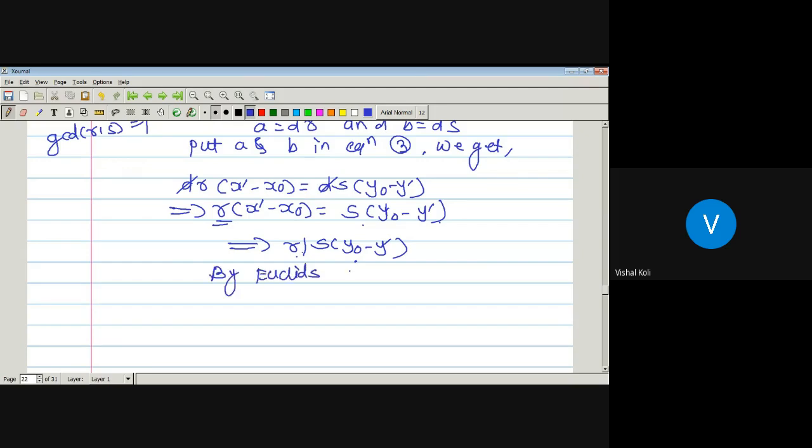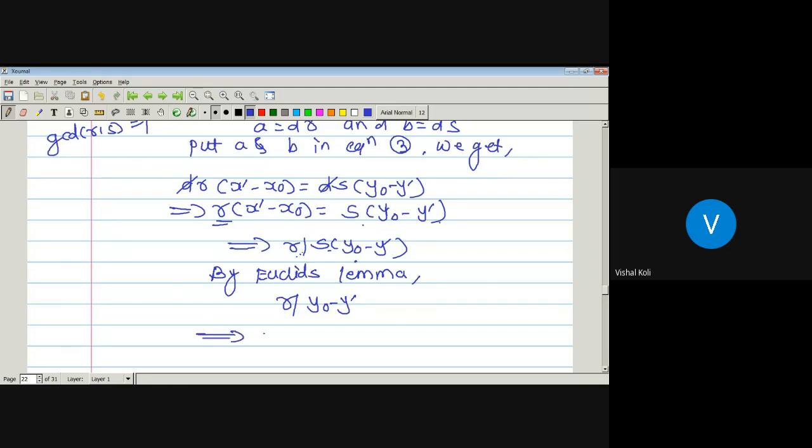What is Euclid's lemma? Whenever a divides bc and a and b are relatively prime, then a must divide c. As r and s are relatively prime, which implies r divides (y₀ minus y'). Okay, so here we get r divides y₀ minus y'.